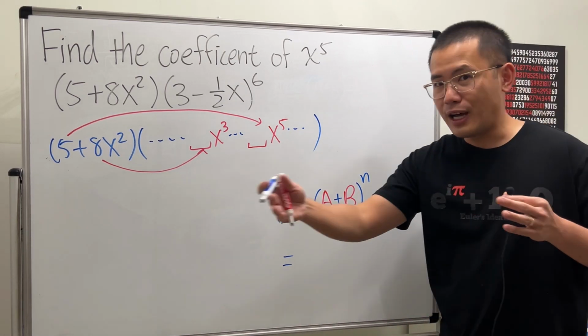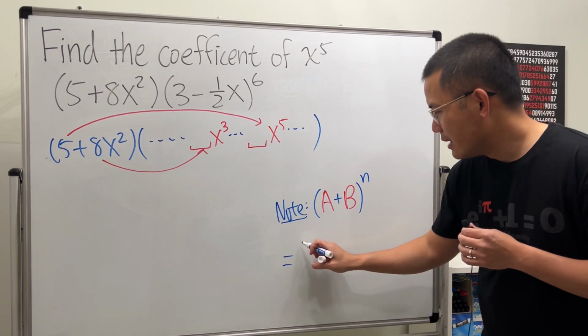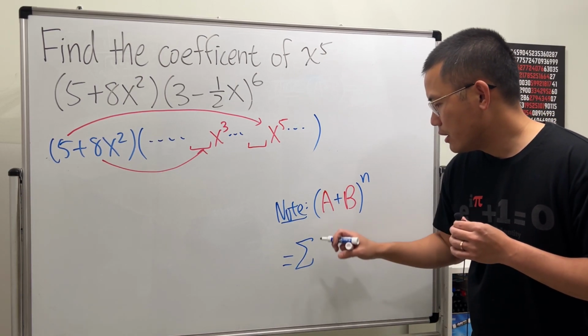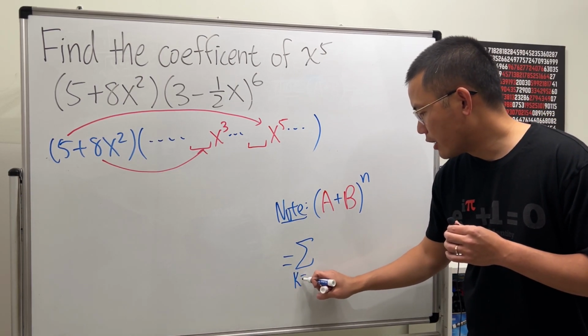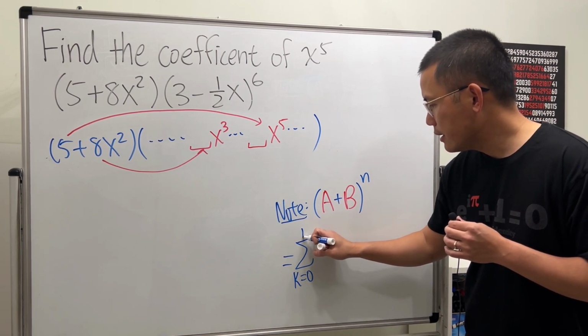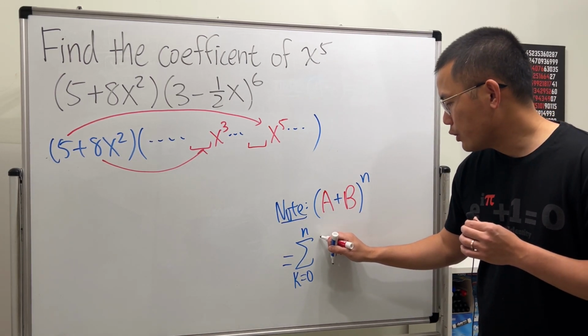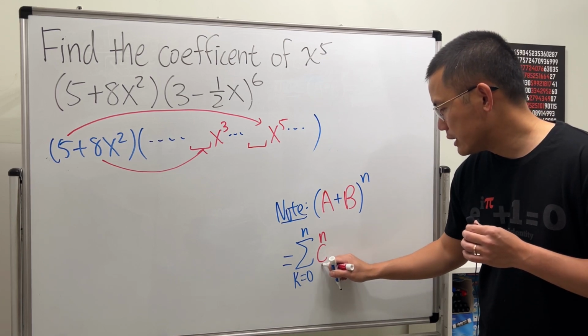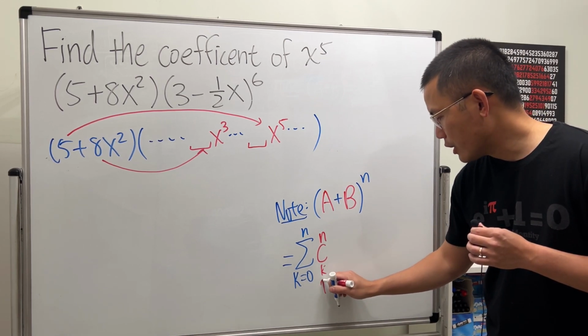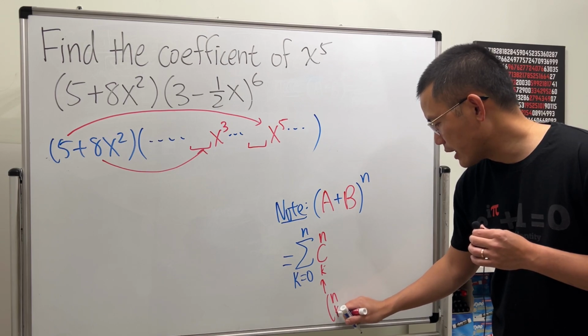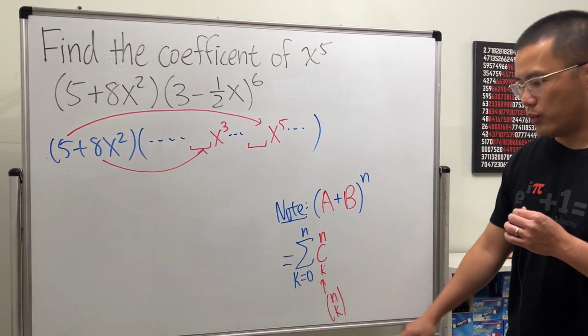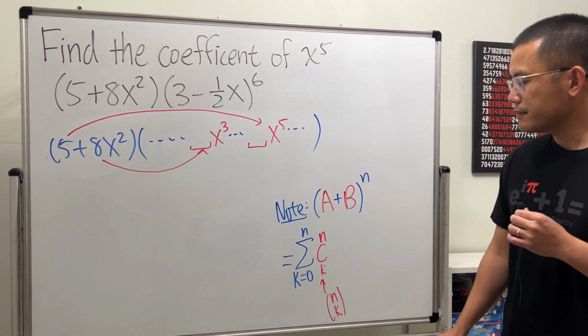It's going to be a sum, a lot of things adding up. So I'm just going to write down the summation. I will use the index k, starting at 0, going to n. And then this right here is the binomial coefficient. We can write it as n choose k. And another common notation for that is n choose k in the parentheses form without the fraction bar.